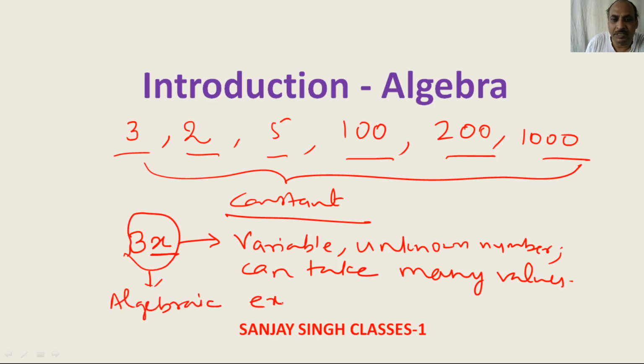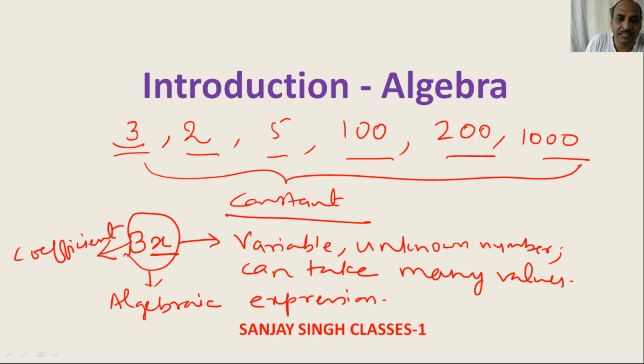Algebraic expression. Okay, so whenever there is any constant, in this case it will be called a coefficient. It will be called the coefficient of x. So the coefficient of x now is 3. So all constant values will become coefficients whenever they are combined with a variable.